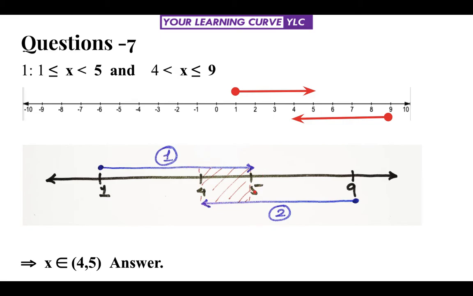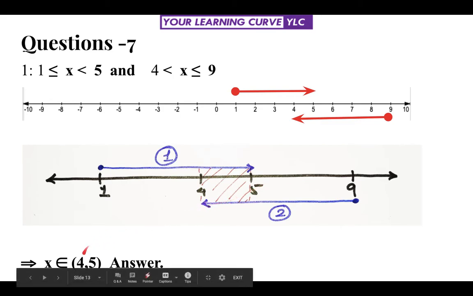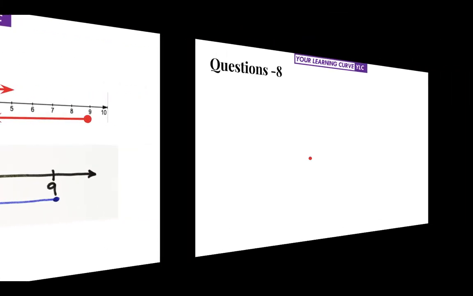When we see 5, 5 satisfies the second inequality, but it does not satisfy the first inequality. We need numbers which satisfy both the inequalities, therefore 5 will also not be included in our answer. So the answer is 4 to 5, both brackets open, that is both the endpoints excluded.